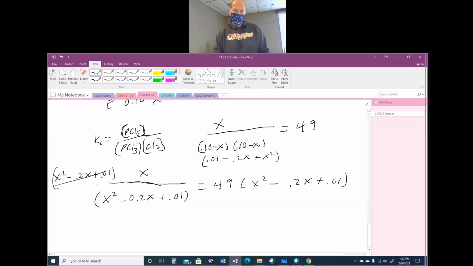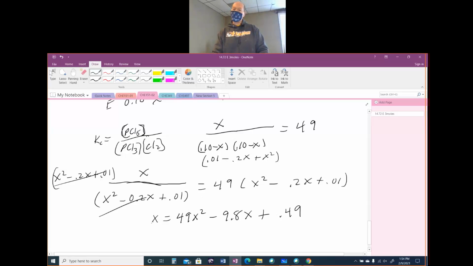So that's gone, and so you have your x. And then we'll multiply our 49 through, is equal to 49x squared minus 9.8x plus 0.49. So when you multiply the 49 through, that is what you get. Again, it's got to be equal to 0.